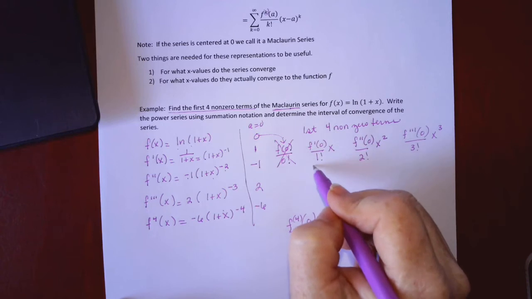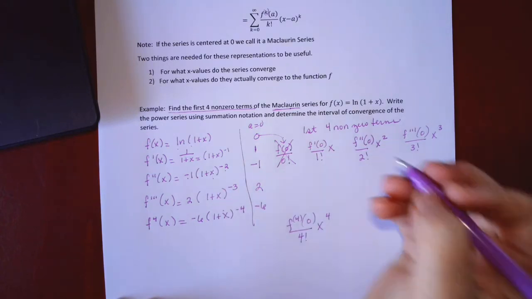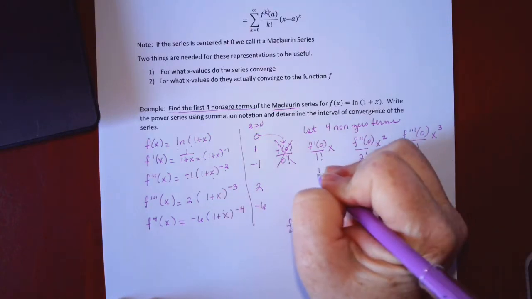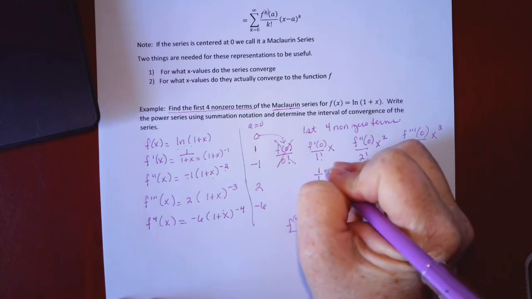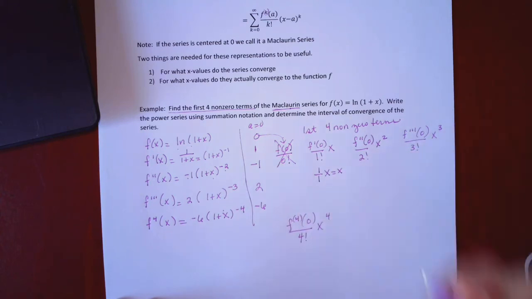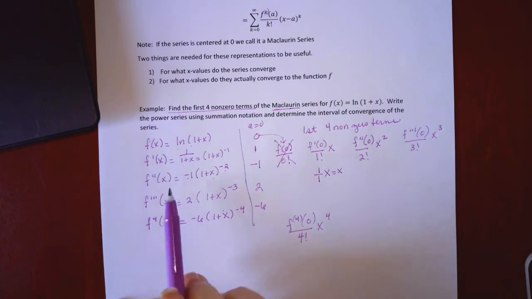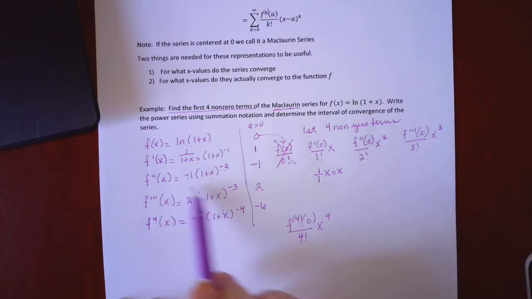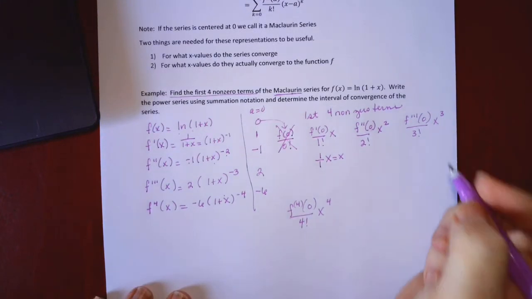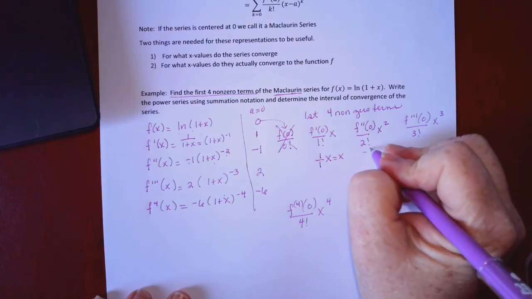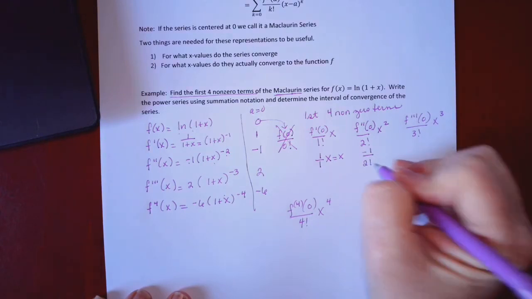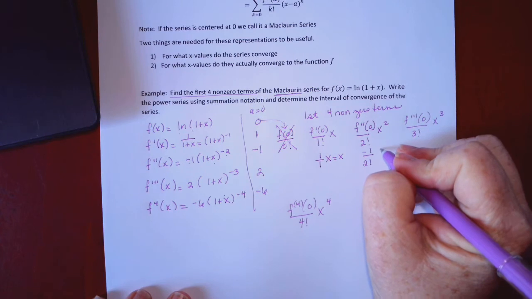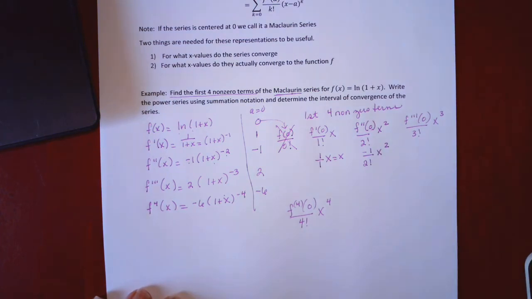So my first non-zero term will be 1 over 1 factorial times x, which is just x. The second non-zero term will be negative 1 over 2 factorial times x squared.